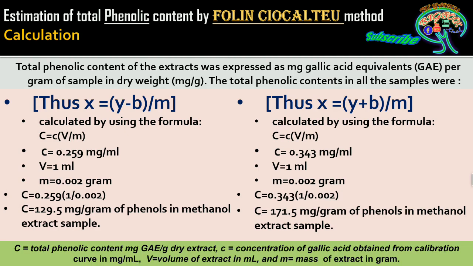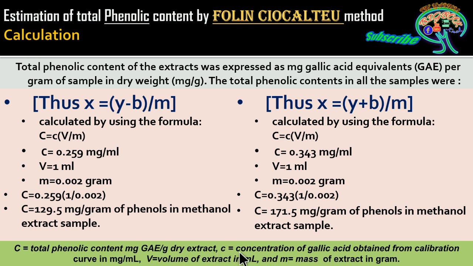Now further, we are going to consider the formula C is equal to c V by M, where C is the total phenolic content, milligram gallic acid equivalents per gram dry extract, that we are going to calculate.